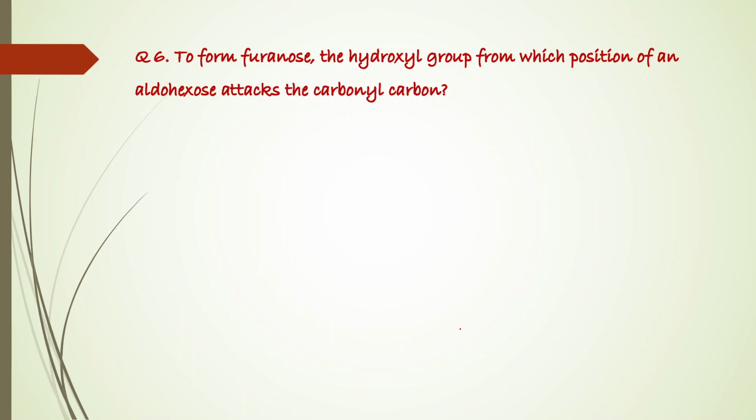It states, to form furanose, the hydroxyl group from which position of an aldohexose attacks the carbonyl carbon. So here we are talking about cyclization and we are forming a furanose. So what is a furanose? Furanose means a structure that resembles furan. That means formation of a 5-membered cyclic ring.